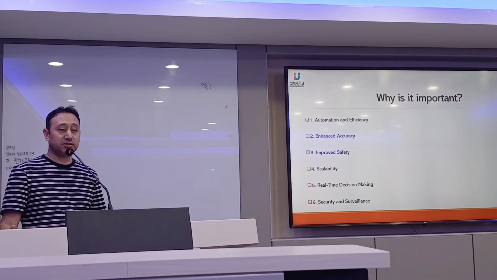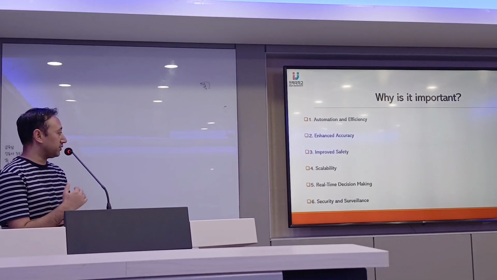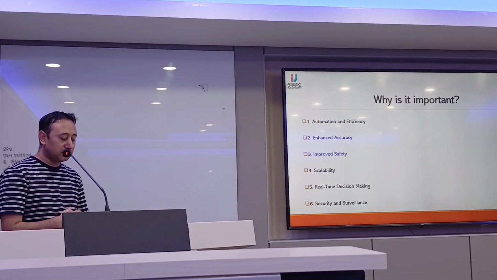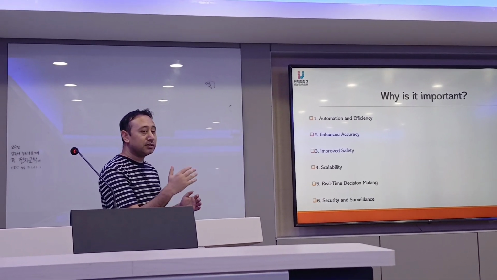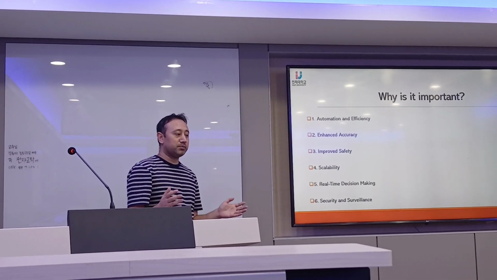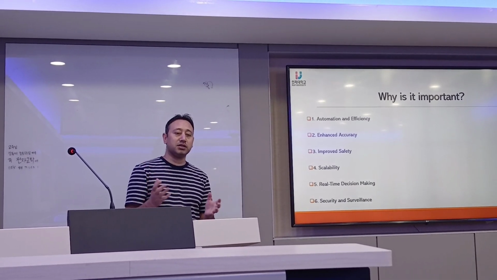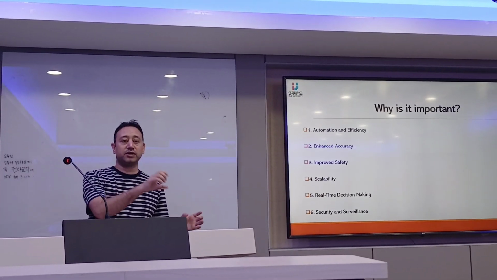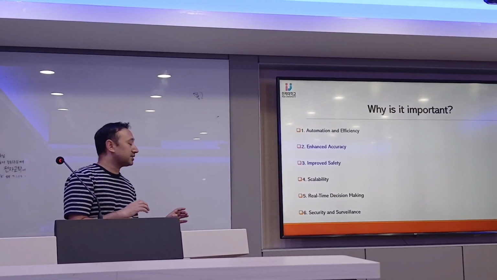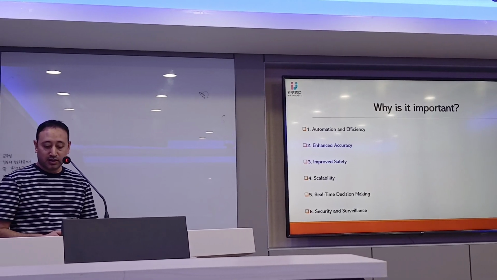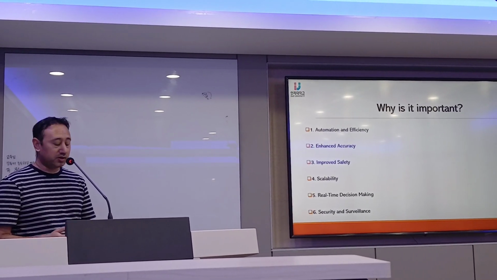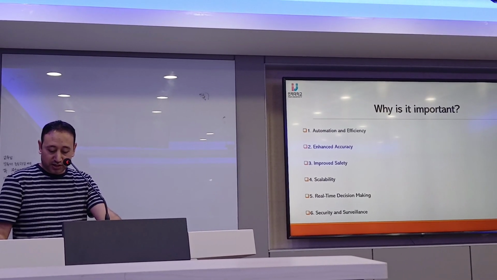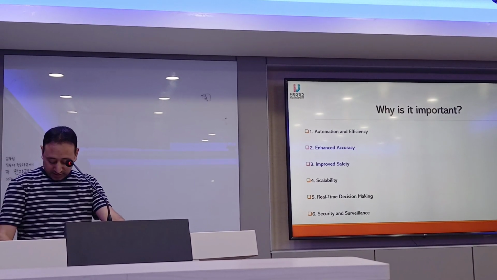Human intervention is very low, and the safety will be improved. Scalability means you can extend this to a large scale. For example, one person can only observe in this room. If you automate by installing cameras at different places, the scalability can increase. Real-time decision making and security and surveillance are also very important, and through computer vision we can automate these things as well.